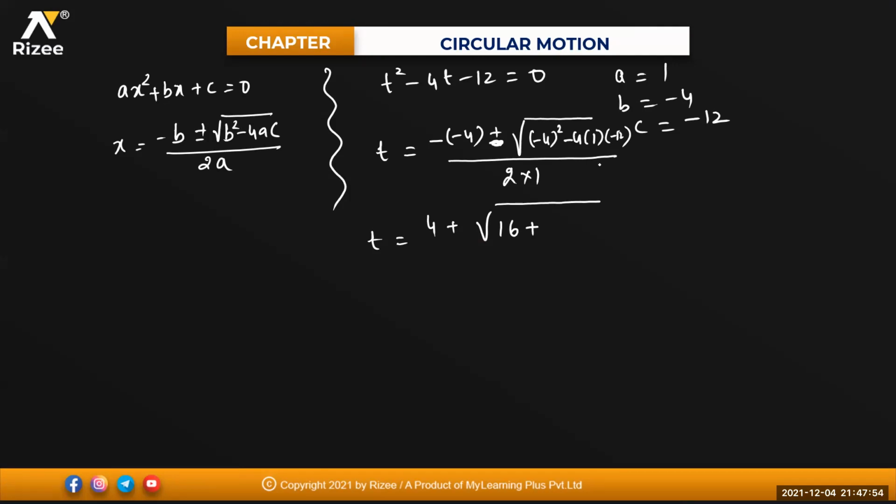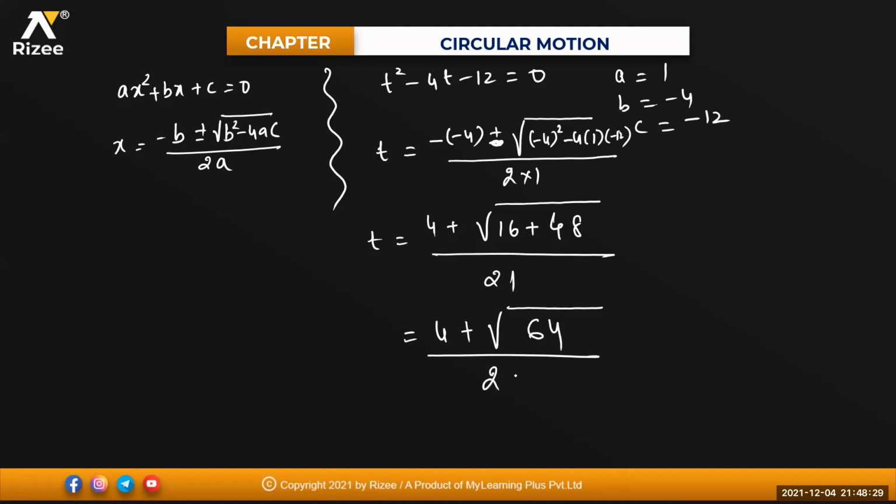12 4s are how much, beta? 12 into 4 is how much? 48. So this will become 4 plus under root of 48 plus 16, divided by 2.